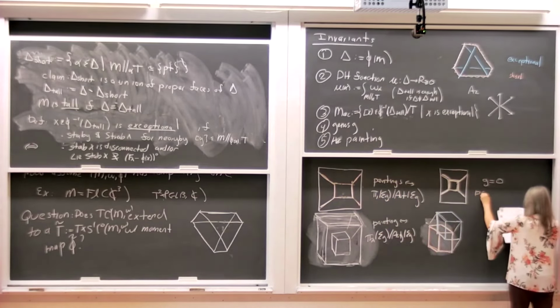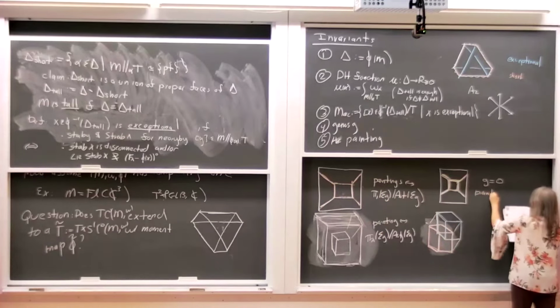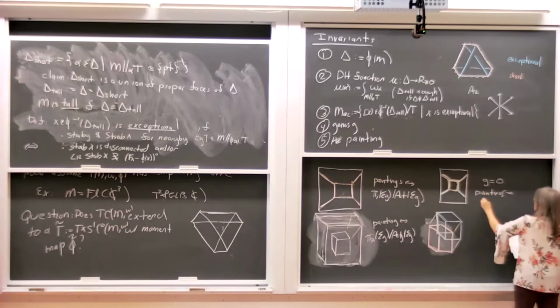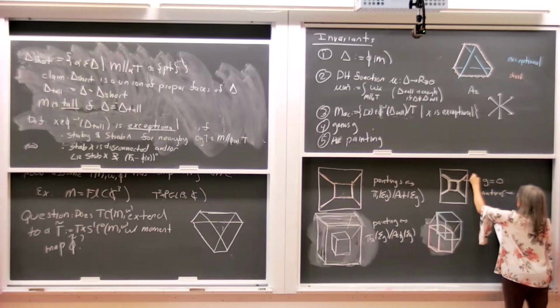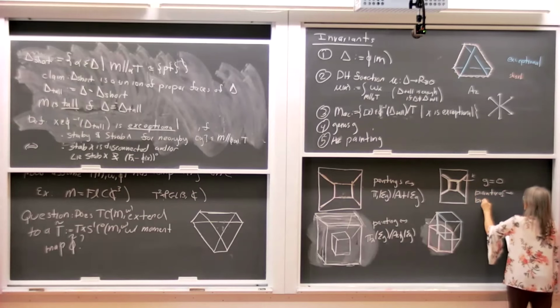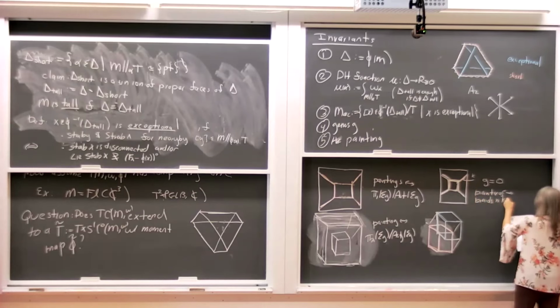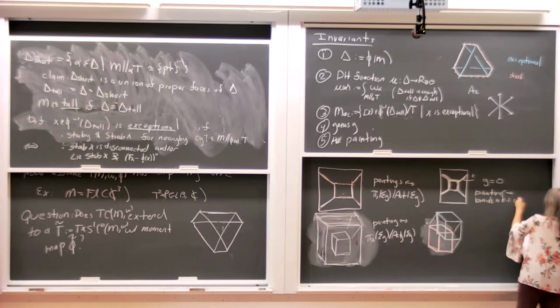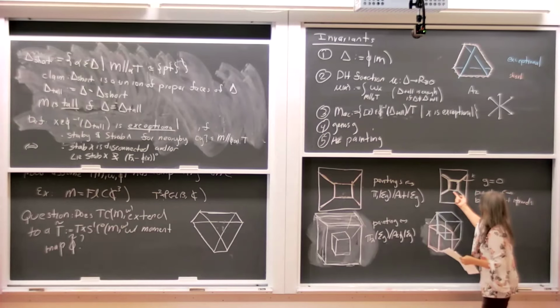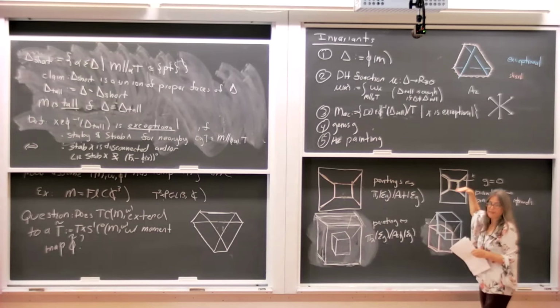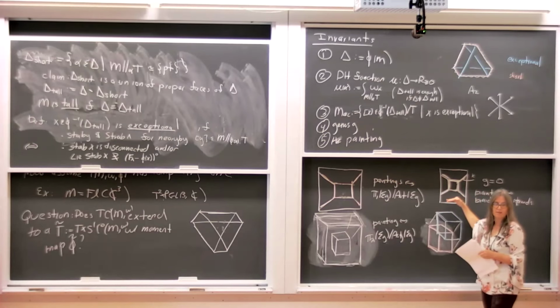And then paintings correspond to k braids in k-1 strands. And the reason for that? Because in this case, I've got k points that map to the same place in delta tau.